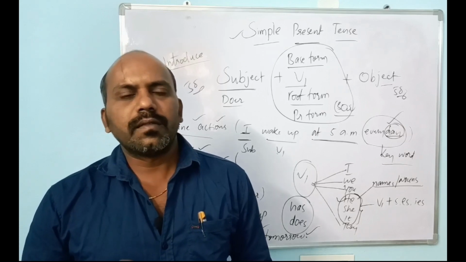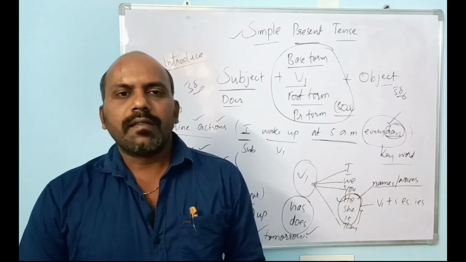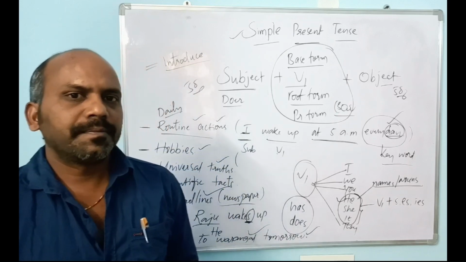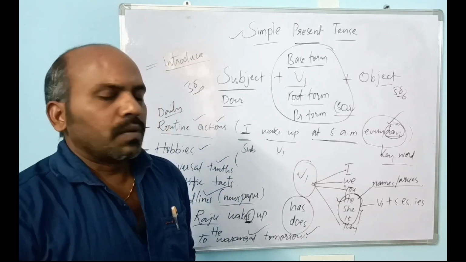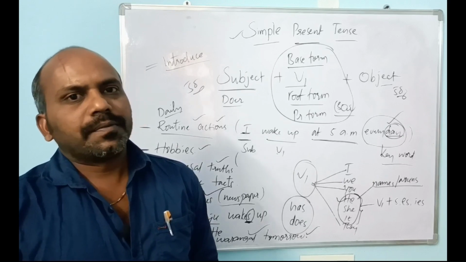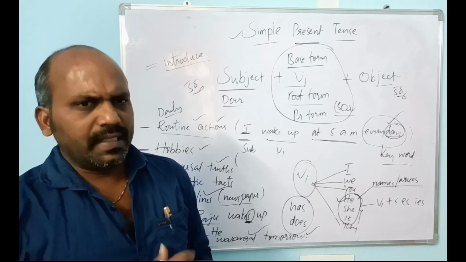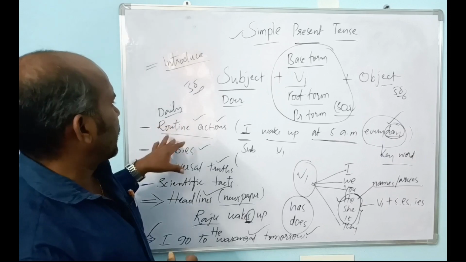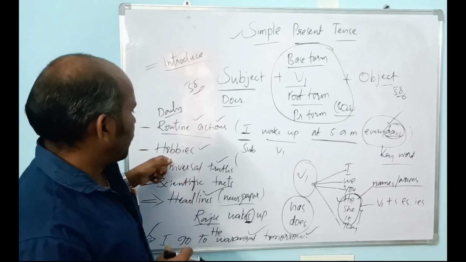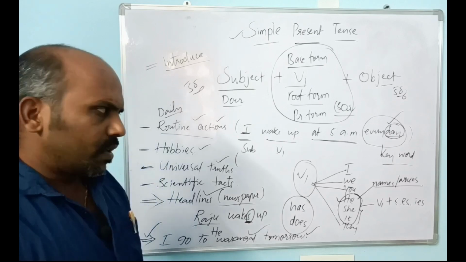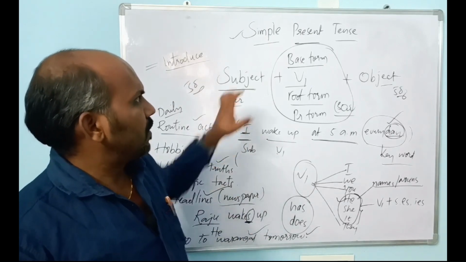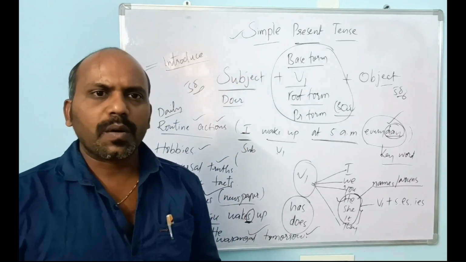I watch movie every Sunday. I visit Hyderabad once in a year. I go to Delhi once in 5 years. So those are routine actions, they come under routine, and also hobbies. We have to express all those things in simple present tense only.